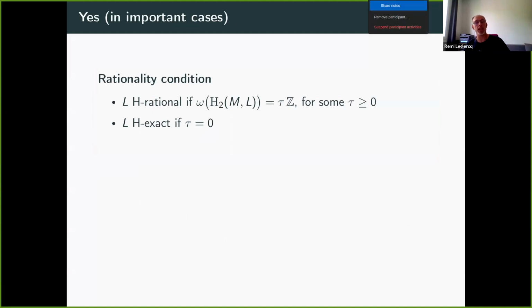We say that L is H-rational, homologically rational, if the image via omega of H2 of M relative to L is discrete, that is, it can be written as tau Z for some non-negative tau. In that case, if tau is 0, then L is H-exact.